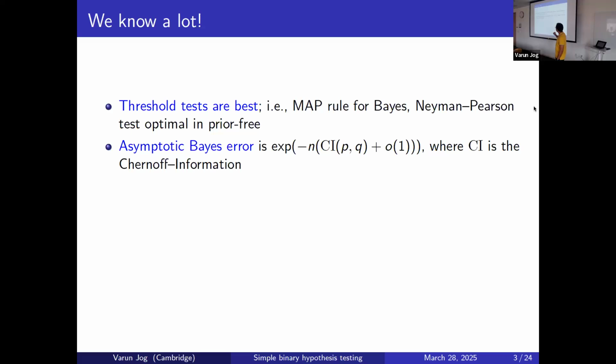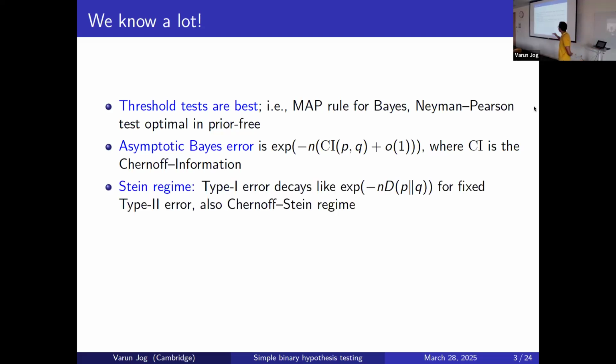So it decays like e to the minus n times the Chernoff information between P and Q. So Chernoff information is some notion of closeness between P and Q. So if P and Q are very close, then Chernoff information is small, which means that the decay of error is slower. Okay, so we know asymptotically how fast Bayes error decays.